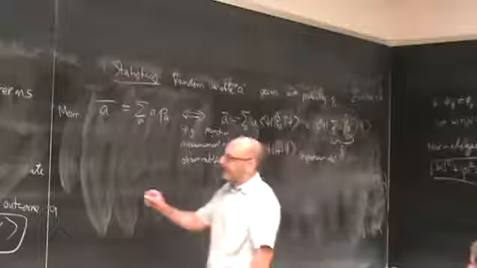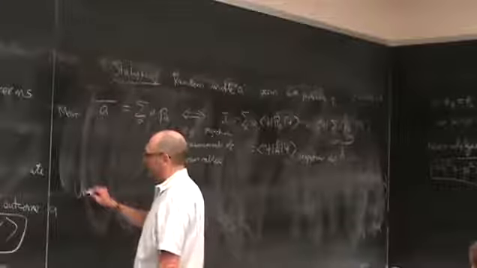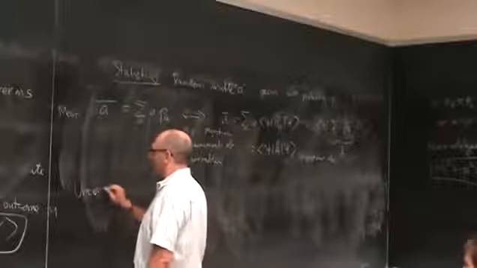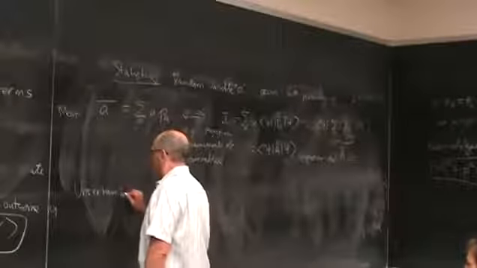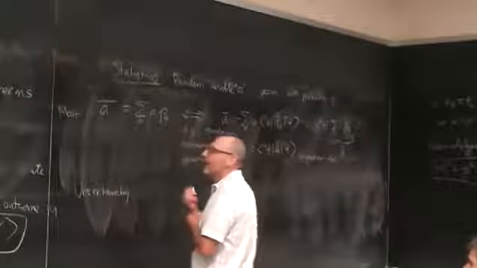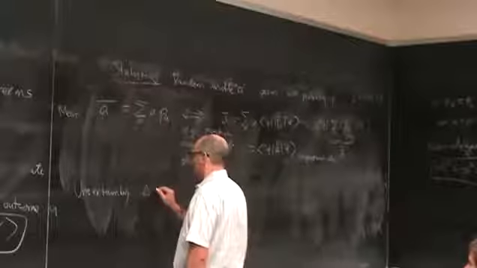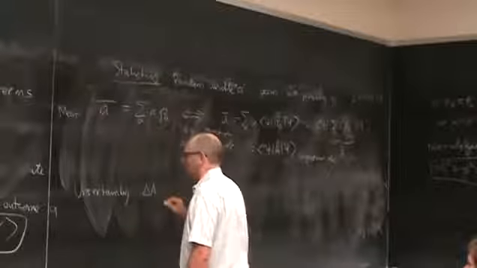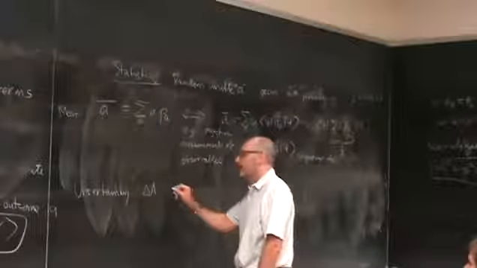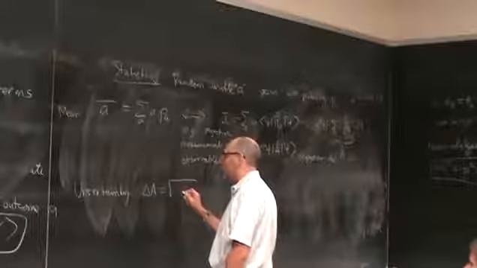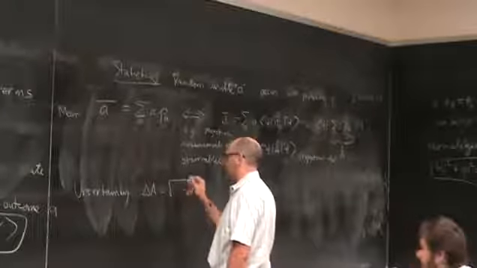We also have, of course, uncertainty. That is the fluctuation we'll see in a measurement, defined as the square root of the variance.